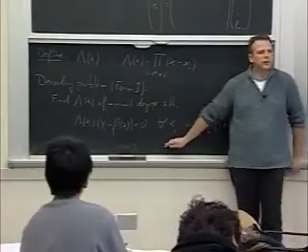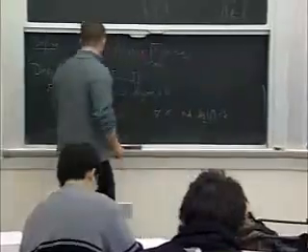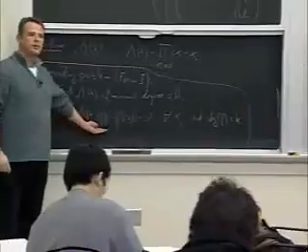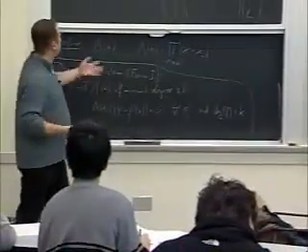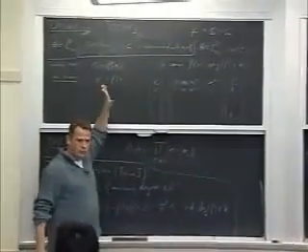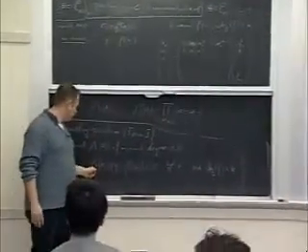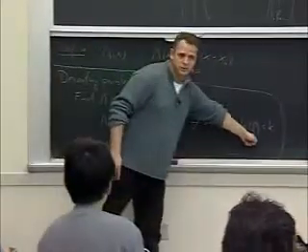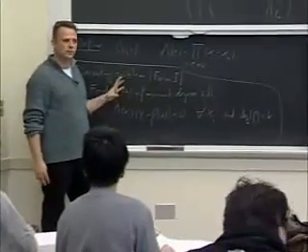So I claim if you solve this problem, namely, I give you a vector y, and I give you a vector x, which corresponds to the field elements where you evaluated in order to get the code word. And then I say, given y and x, find two polynomials lambda and f, such that f has maximum degree k and lambda has the smallest degree possible, so that this is true.